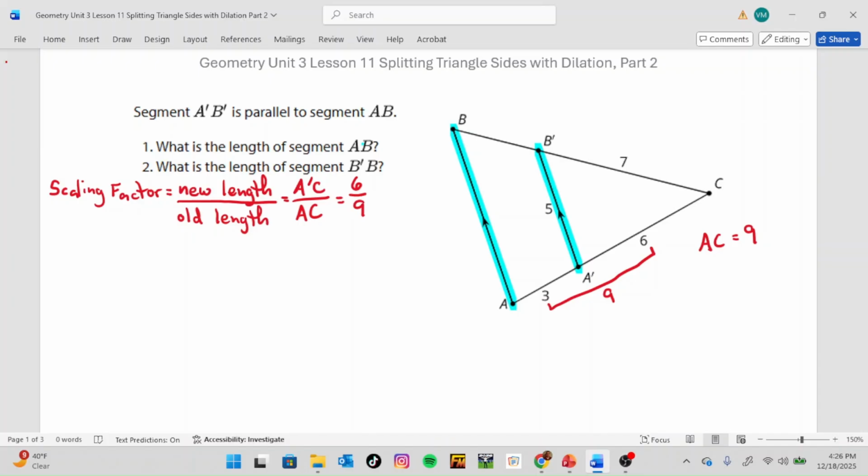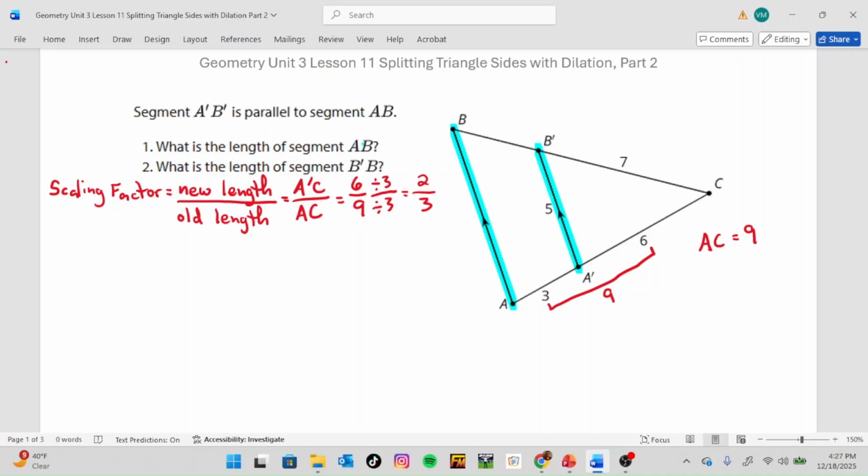Now, this is not in simplest form. Both 6 and 9 are divisible by 3. We can do that because anything divided by itself is just 1. So essentially we're multiplying by 1, which leaves it itself, but it'll give us the simplified version. 6 divided by 3 is 2, and 9 divided by 3 is 3.